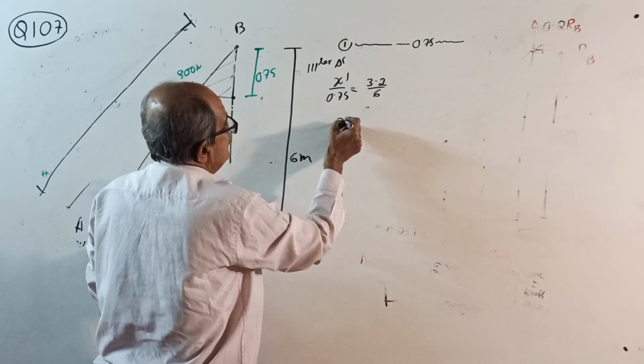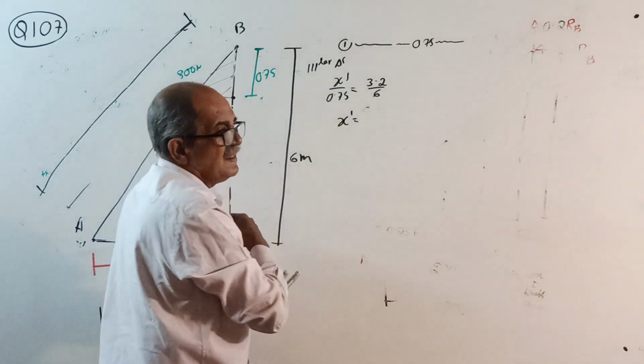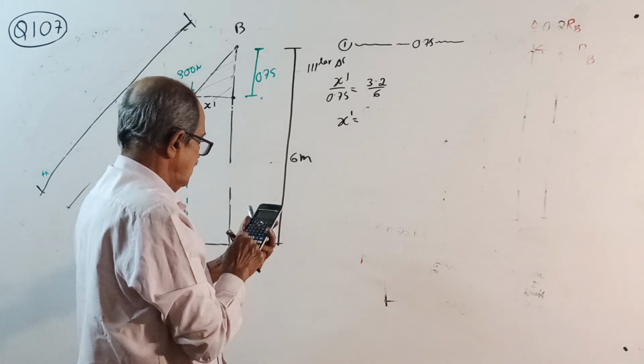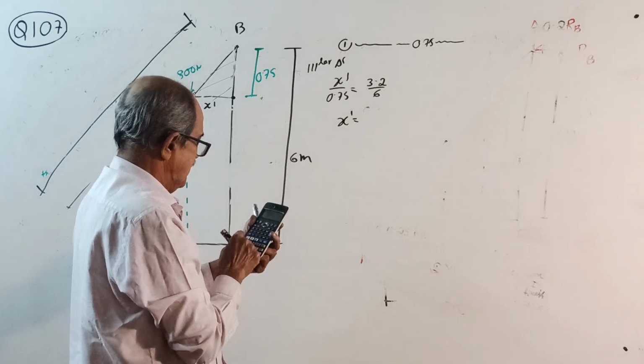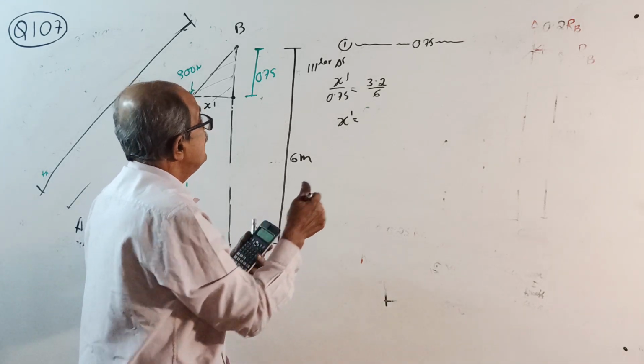So x dash equal to 3.2 divided by 6 into 0.75, which is 0.4 meter.